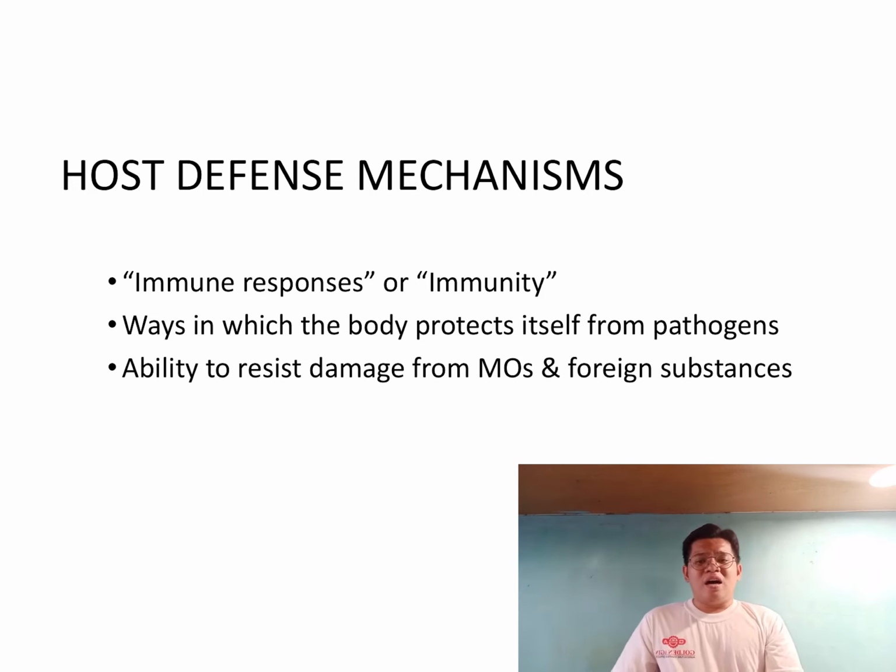And humans have 3 types of immunity. We have the innate, the active, and the passive immunity. So what is innate immunity? Sinasabi ko sa inyo to, and I know madidiscuss ulit siya sa third defense mechanism or the third line of defense.